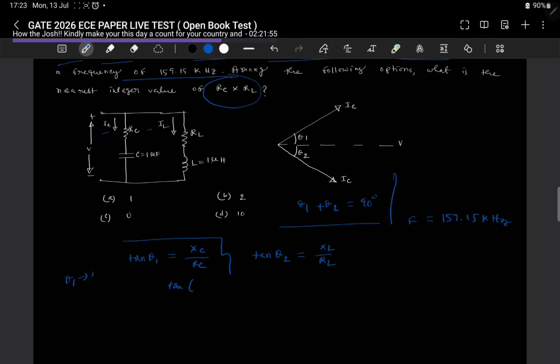So again tan, theta 1 if we consider A, theta 2 if we consider B, tan(A plus B) equal to (tan A plus tan B) by (1 minus tan A tan B).